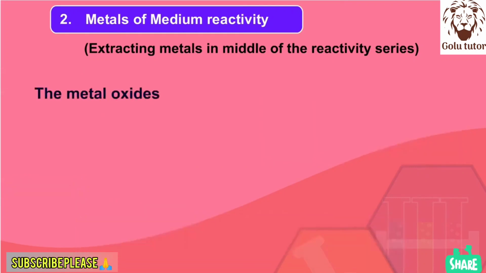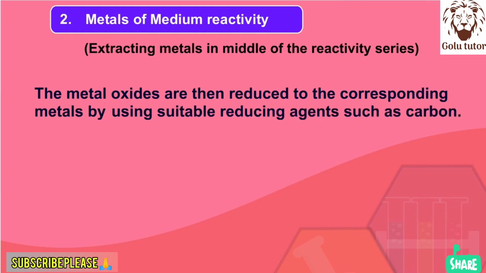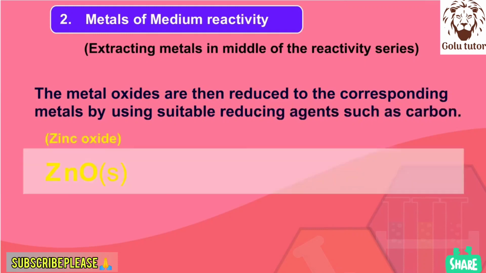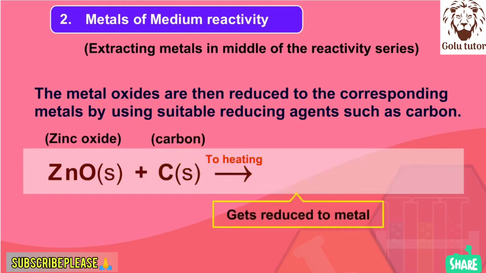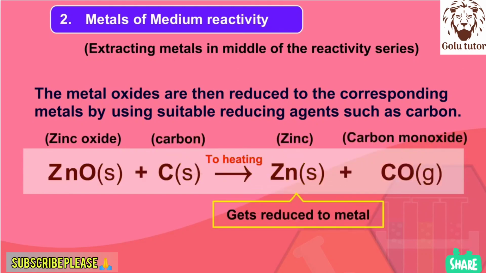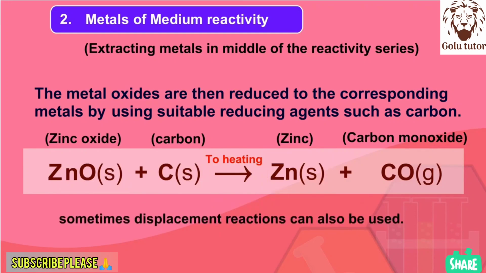The metal oxides are then reduced to the corresponding metals by using suitable reducing agents such as carbon. For example, when zinc oxide is heated with carbon, it is reduced to metallic zinc. Besides using carbon, coke to reduce metal oxides to metals, sometimes displacement reactions can also be used.